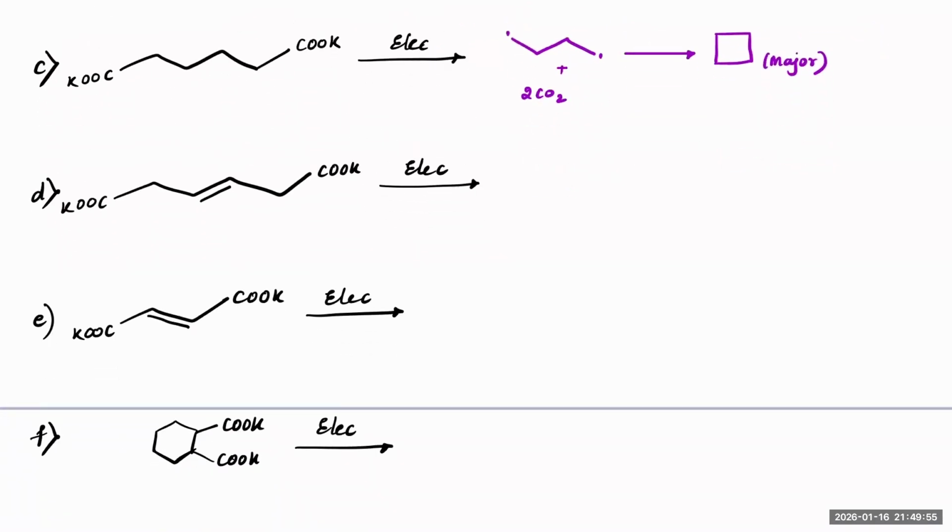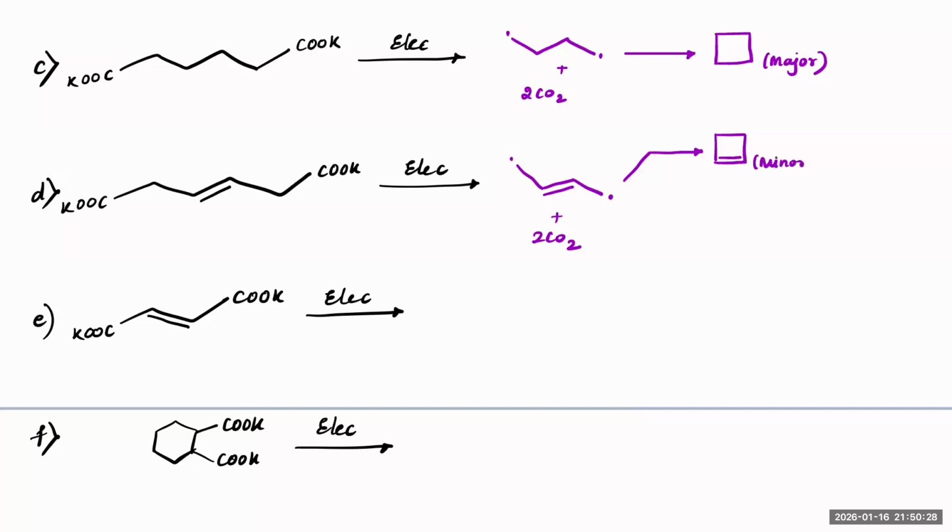Similarly, here you can notice that again I have a dot here with a double bond, plus 2 moles of carbon dioxide released. Now here there are two things that could happen, correct? This dot and this dot can terminate to give a product like cyclobutene. But due to the strain, it is very difficult to achieve it as a major product.